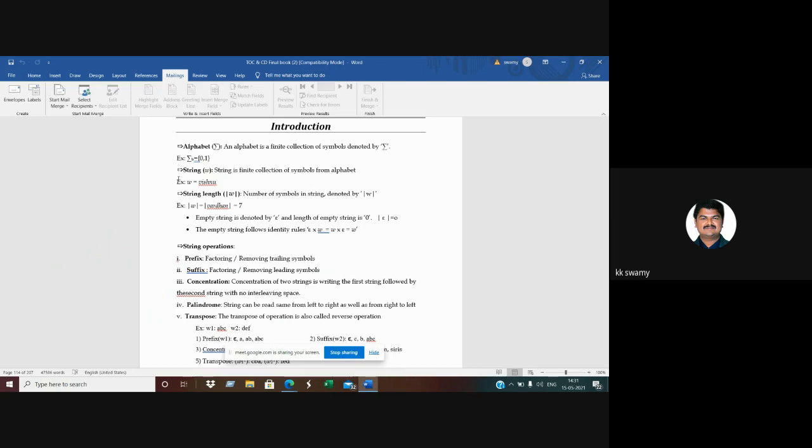The alphabet, the string, the length of a string, and the operations on alphabets and strings. If you learn everything, then we can design the language, and based on the language we can design the model. The way of constructing the model is studied in the theory of computation.